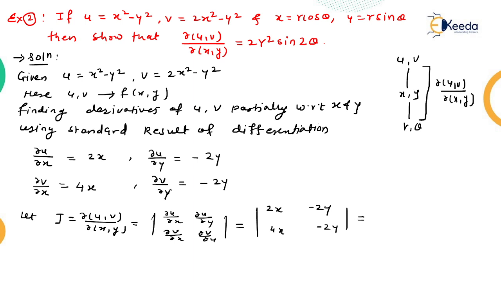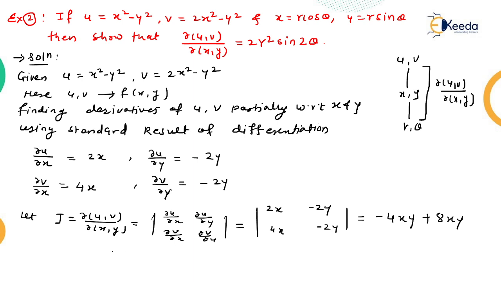Therefore, you just simplify this. 2x into minus 2y gives minus 4xy, right? Minus 4xy, and then minus of 4x into minus 2y, that is minus 8xy, so minus minus becomes plus 8xy.